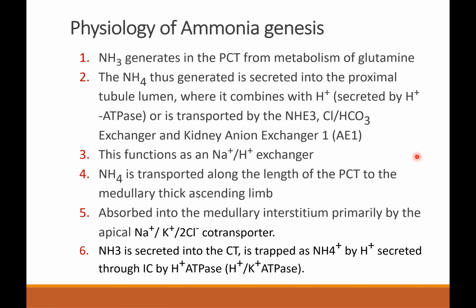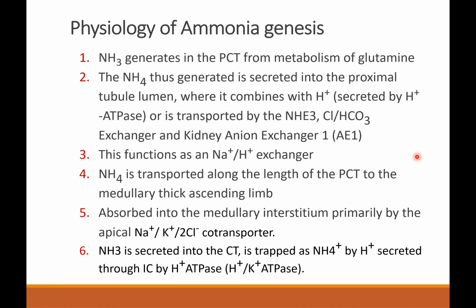Okay, and there is also another mechanism where chloride and bicarbonate are exchanged in the other area. There, bicarbonate is absorbed and chloride is available into the cell, that chloride appears in the urine and combines with the NH4 to form ammonium chloride.